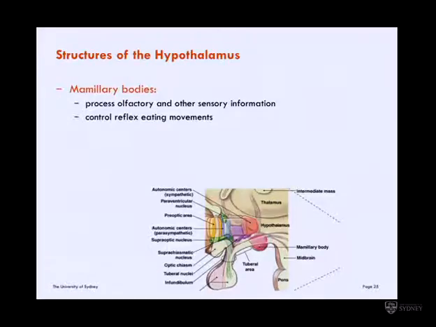So structures of the hypothalamus, the mammillary bodies located here, process olfactory and other sensory information, also control reflex eating movements. So damage of the mammillary bodies can have significant effects. Now these mammillary bodies, as you can see, they actually protrude slightly out of the tissue, so you can physically see this both on the tissue as well as on MRIs, etc.